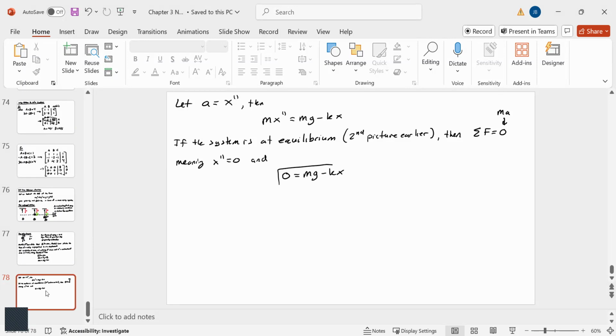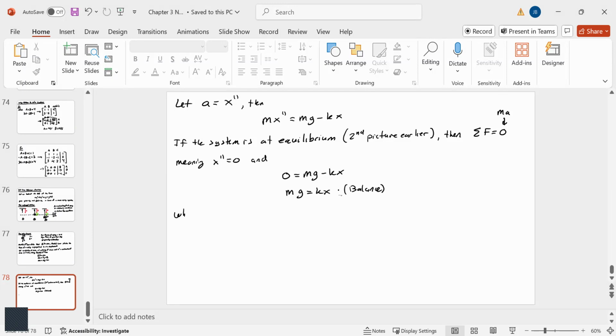So this is our equilibrium relationship, which means, if you think about it, the force of gravity and the force of the spring are canceling each other out. That's really what we're saying, right? mg is equal to kx. There's a balance. They are in equilibrium. So that's nice. We have this nice relationship. We're going to use this in the next step, which is how we're going to get the full equation of motion that we can work with.